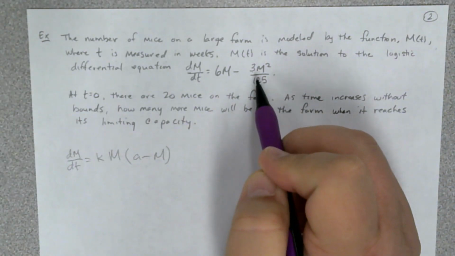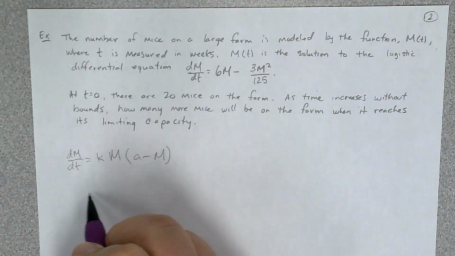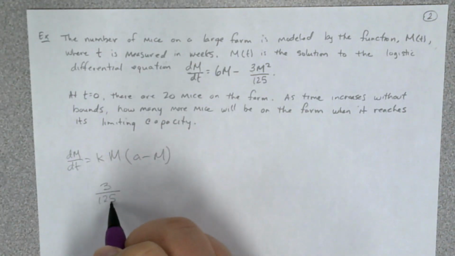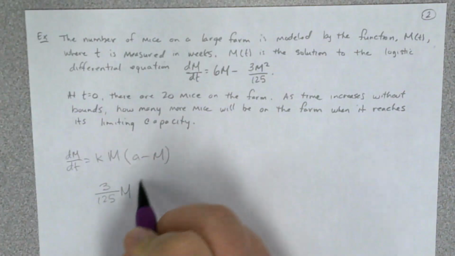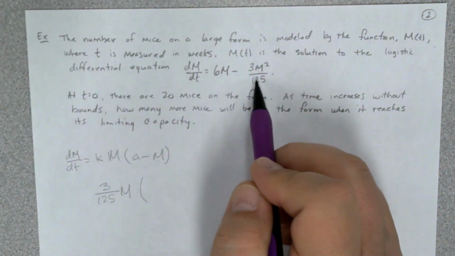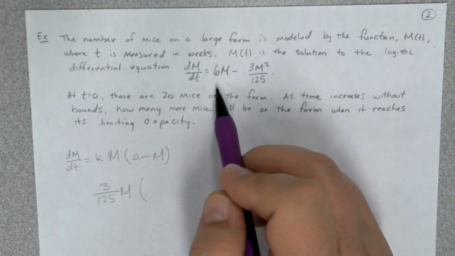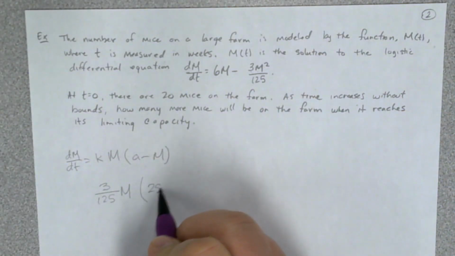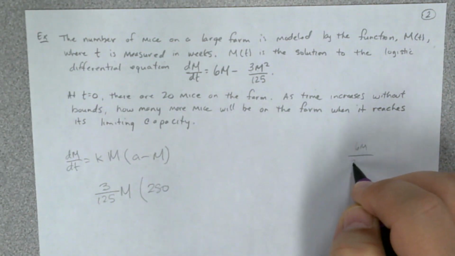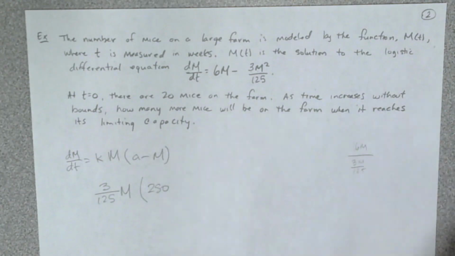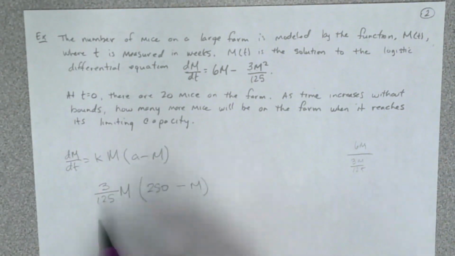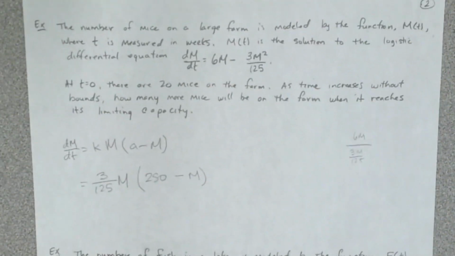So I'm going to bring all that out, and so this is going to look like 3 over 125 times M, and then what's left? If you take this thing right here and divide it by that, you're going to get 250. So you're taking the 6M and dividing it by 3M over 125. So if you do that, you're going to get this number right here, and then you're left with just the M over here. And that now makes it easier for us to look at this question.